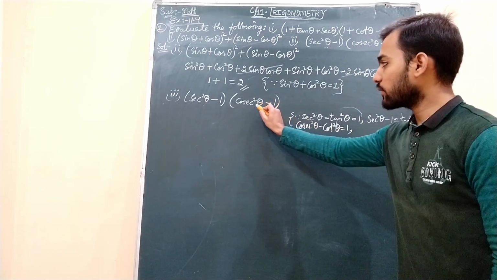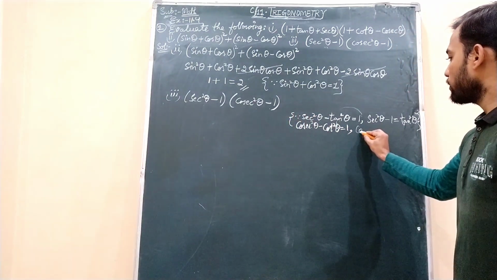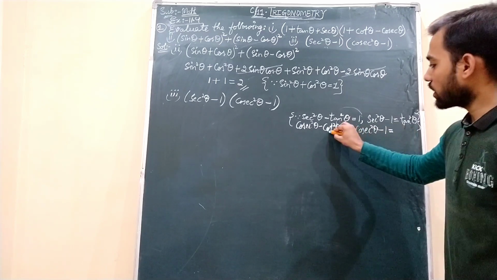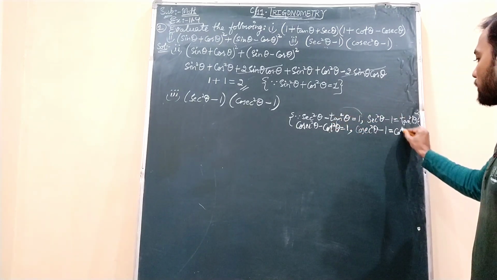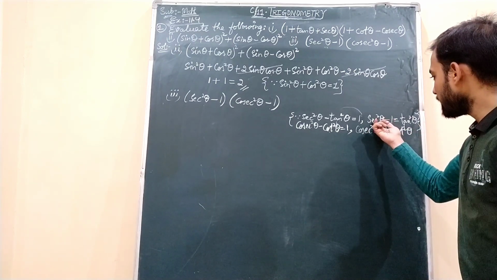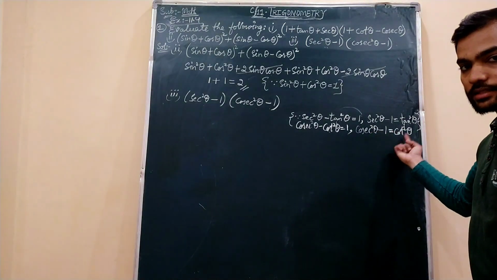But I want the value of cosecant square theta minus 1, right? So this one I will take this side. Cosecant square theta minus 1, and this cot square theta I transpose here, it will become plus cot square theta. Understand? So this secant square theta minus 1 can be replaced as tan square theta, and cosecant square theta minus 1 can be replaced as cot square theta.